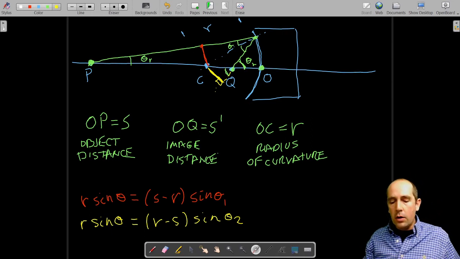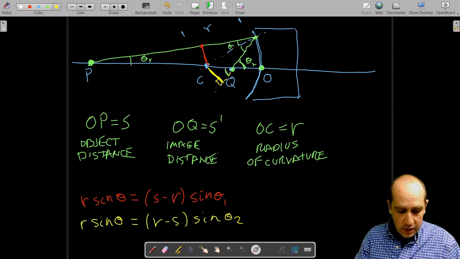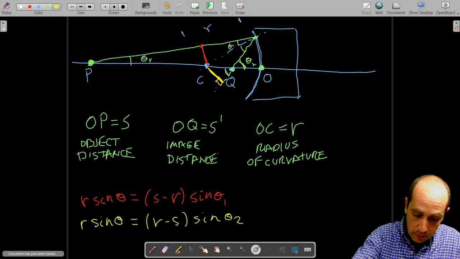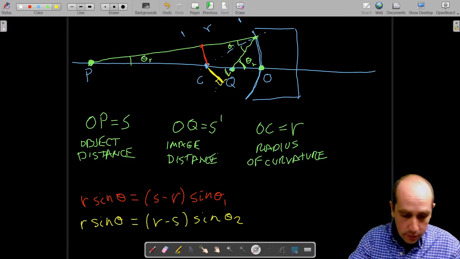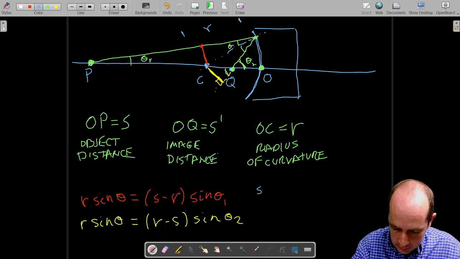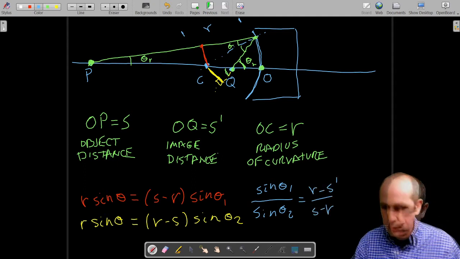Okay, so great. From these two relationships, we can obtain the following relationship that relates theta 1 and theta 2. So from those two, we obtain that sine theta 1 divided by sine theta 2 will be equal to (R minus S prime) divided by (S minus R).